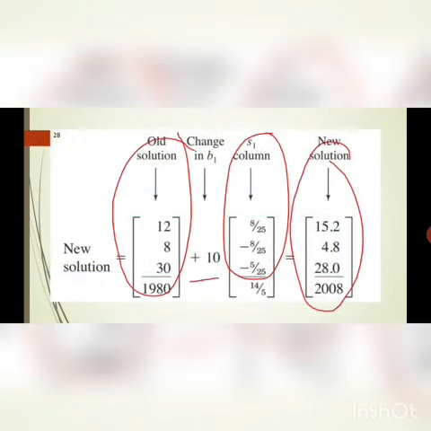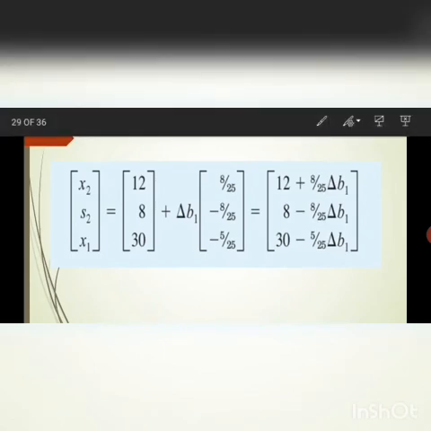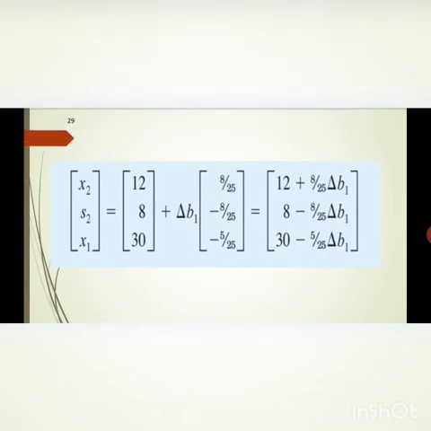So again, we'll proceed to the next slide. So here in the table, this is how we compute the upper and lower bounds for the maximum amount that B sub 1 can be changed before the current optimal basis becomes infeasible. Here we'll just copy.